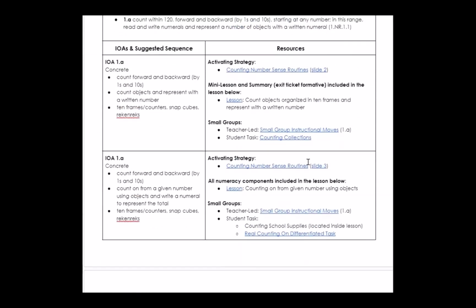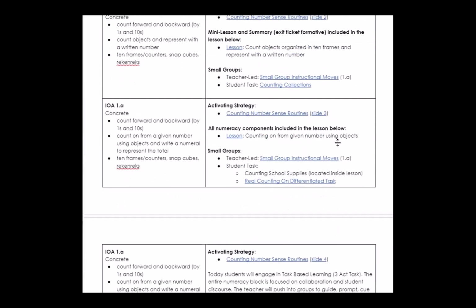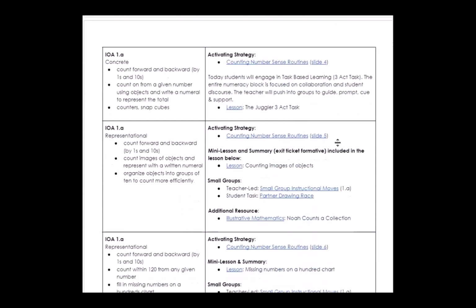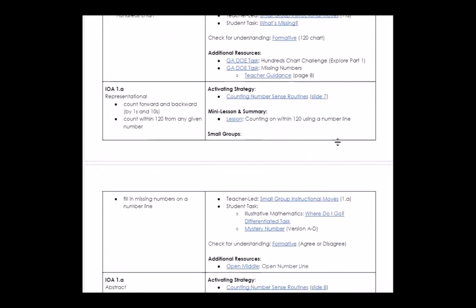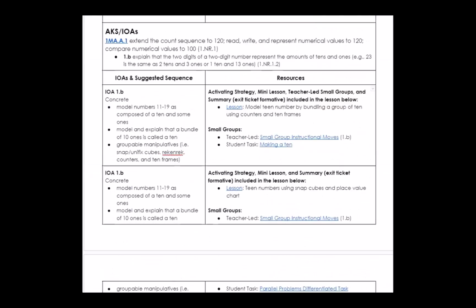These routines can continue to be used as needed throughout the year. So you have a different activating strategy routine to do each day. Very intentional planning. Next on the pacing guide, instruction will shift to IOA 1B, where we explain that the 2 digits of a 2-digit number represent the amount of tens and ones.